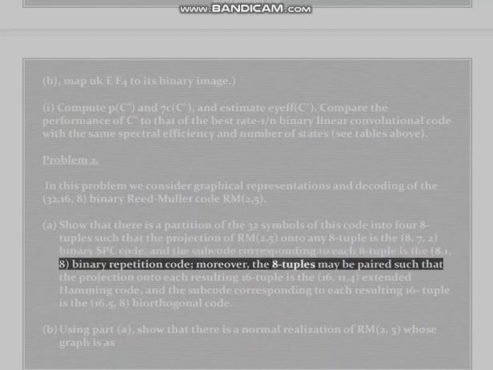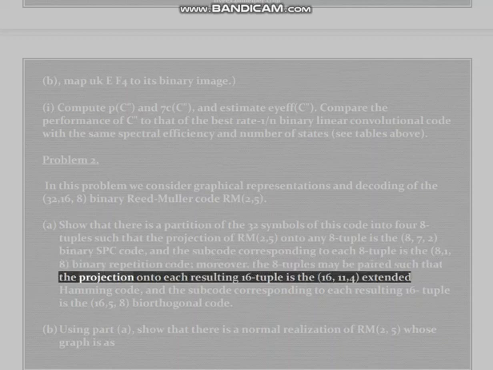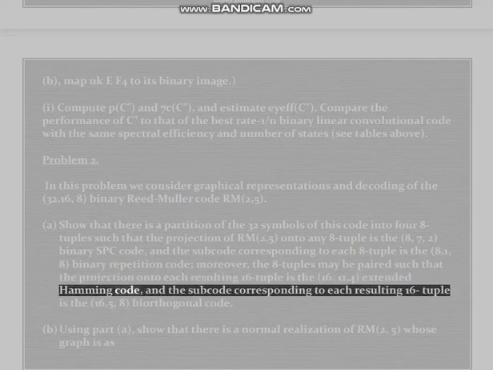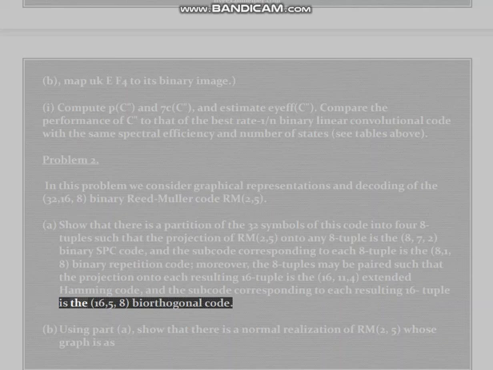Moreover, the 8-tuples may be paired such that the projection onto each resulting 16-tuple is the (16,11,4) extended Hamming code, and the subcode corresponding to each resulting 16-tuple is the (16,5,8) biorthogonal code.